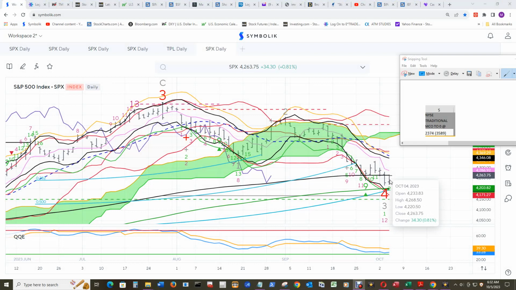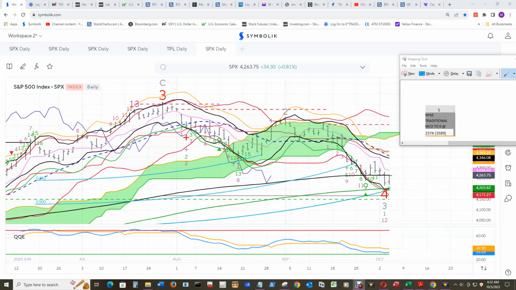Even though this bar from the 4th had some pressure relief on the traditional McClellan breadth oscillator, as it was at 3,589 where it ended the day on the 3rd, and that ended yesterday at 2374 advancers over decliners required to get back to 0.